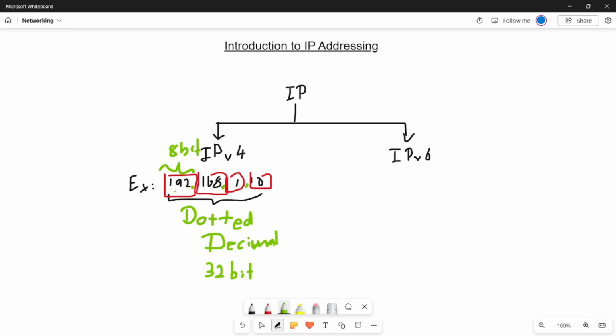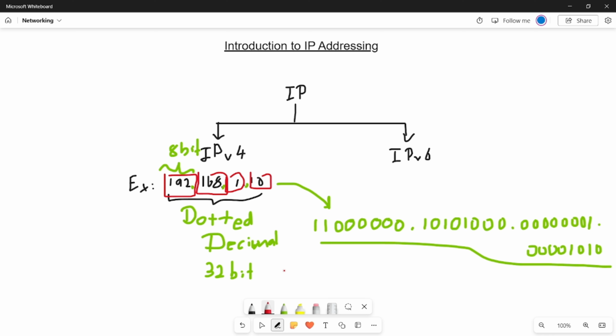So 192 is represented in 8 bits, 168 is represented in 8 bits, 1 is represented in 8 bits, and 10 is represented in 8 bits. If we convert this IP address into binary format, it will appear like this. This is how the decimal format IP address is represented in binary format. This slot stands for 192. We can convert this decimal into binary, and after converting, 192 is represented as this.